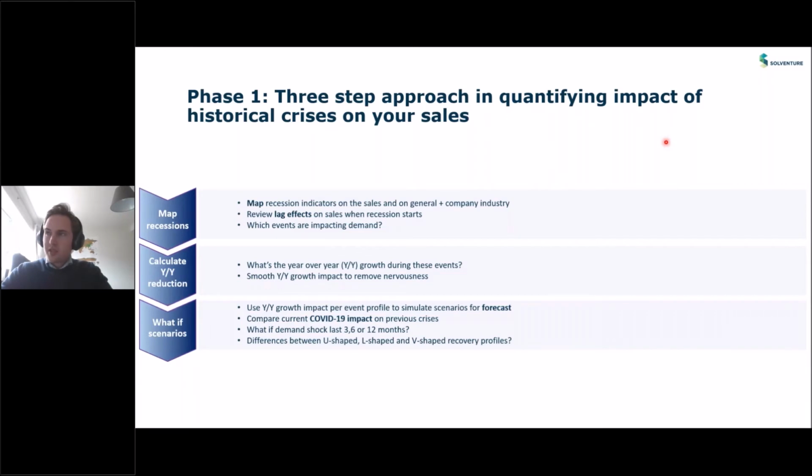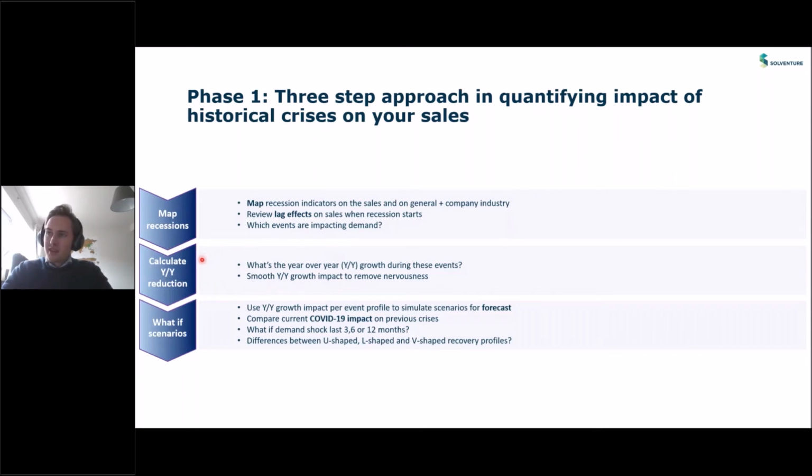And how did we do this? So actually, we had 2 phases. And the first phase existed of 3 steps. First step was about mapping previous recessions. So for example, the 2008 financial crisis, mapping those recessions on your sales history and seeing, okay, what was the effect on your demand during these recessions? Once we completed this step, we can actually see during each recession, what was the year-over-year growth increase, for example, if you produce toilet paper, or decrease.